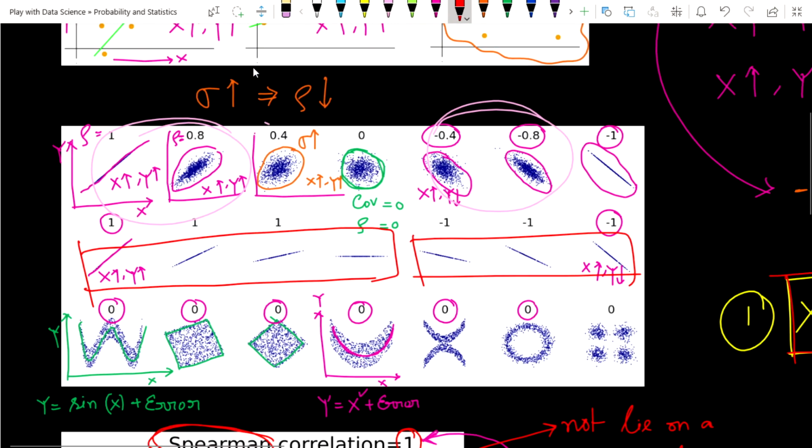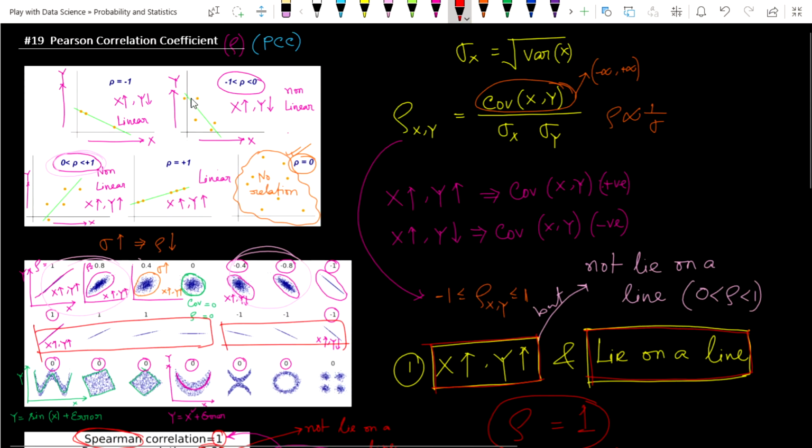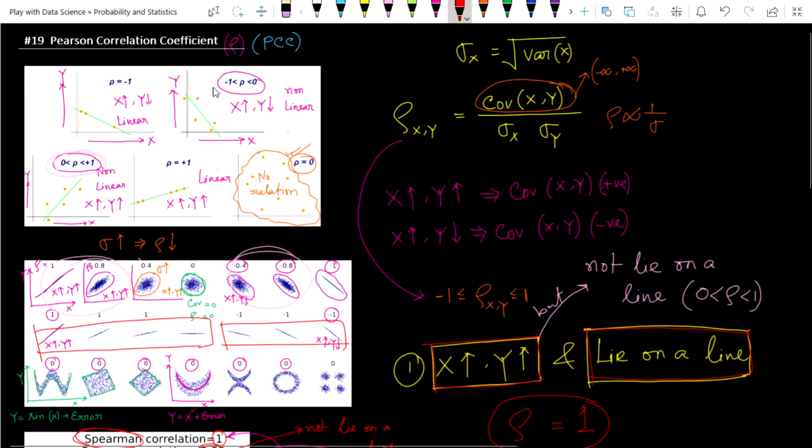I think from these lectures we got the main idea of how the Pearson correlation coefficient actually works, and what is the advantage of the Pearson correlation coefficient over the simple covariance. If I conclude the idea from the lecture: if x and y both increase, and it lies on a proper straight line, then the Pearson value is +1.